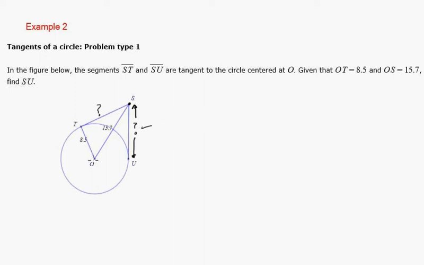Now the other thing is, remember that the line that goes to the place where this becomes tangent makes a right triangle. So I'm going to redraw this. It's kind of sloppy, isn't it? Okay, so this is the right triangle. This looks like 8.5, this we don't know, and this is 15.7.